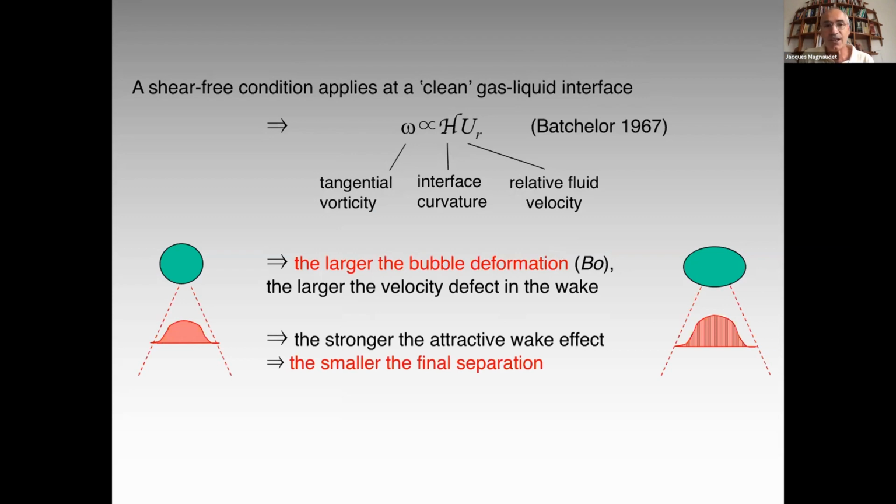And because of this, if the bubble deformation is increased, that is, if the Born number is increased, so does the interface curvature. And because of this, the vorticity created at the interface becomes stronger, and so does the wake, and so does the attractive effect. So making the bubble more deformable makes the final separation decrease, okay?